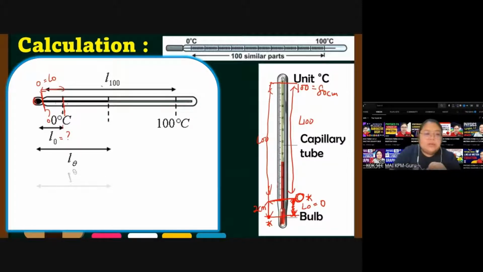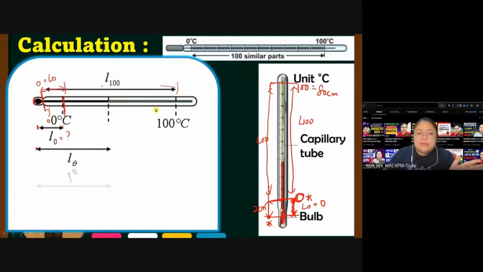It's just like this diagram. They show you 0 starting here, behind the 0 still has a reading. So your starting point must be here. This one is the starting point. So you cannot say, oh, how 100, I start from here until the end. No. Where your 0 starts, you must start from the 100 also. You cannot jump from the 0 straight forward to 100.